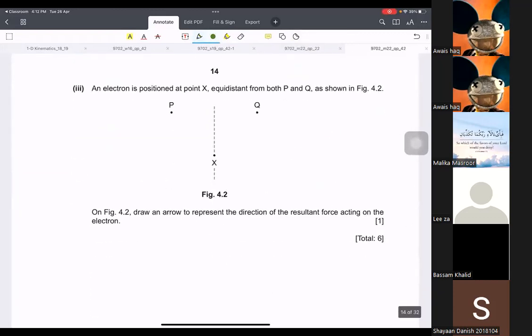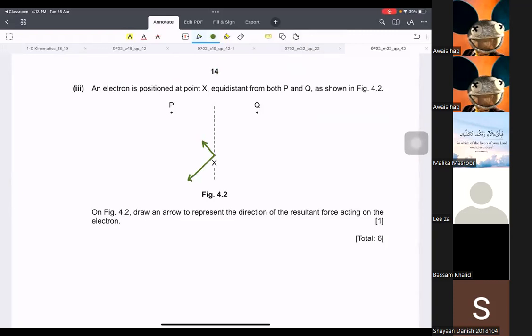Then here it says an electron is positioned at equidistance from these. Draw an arrow to represent the direction of the resultant force acting on the electron. You need to understand Q was the negative charge, so it would definitely repel it. And P will attract it. But the thing is that these two will have different sizes. The reason for the size is that the charge is different, right?